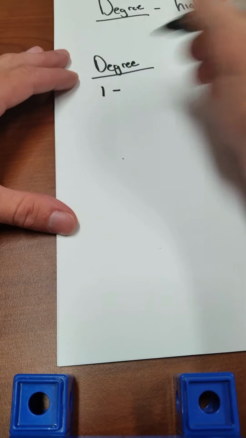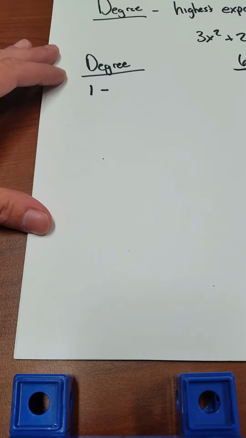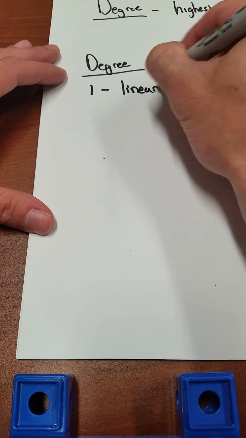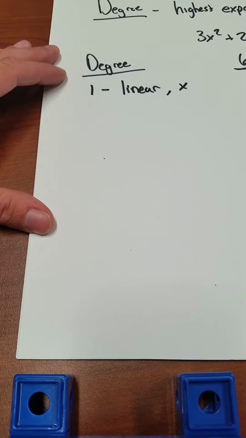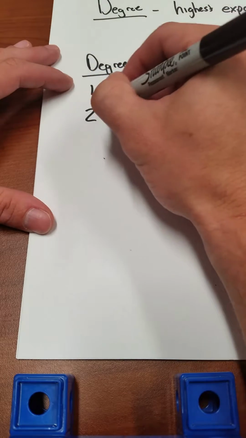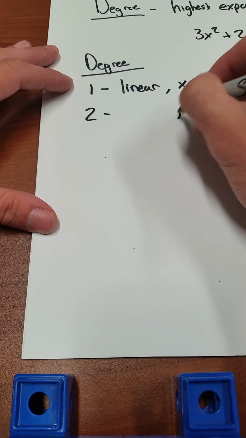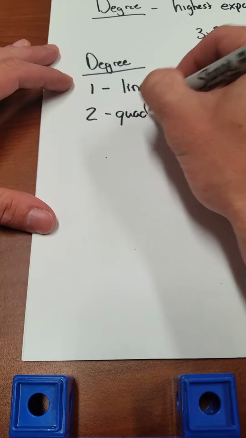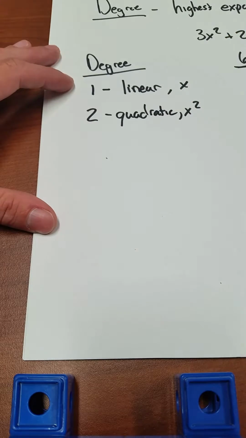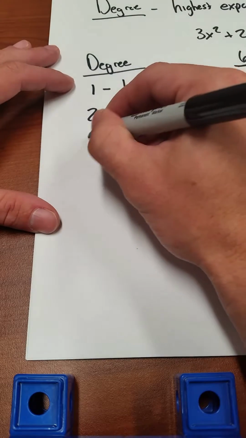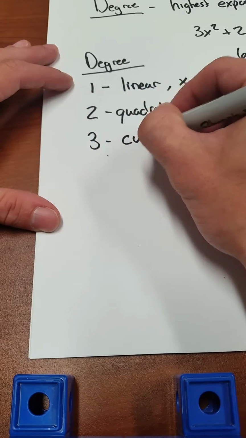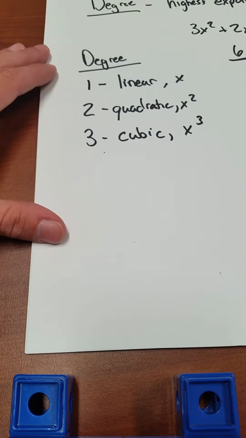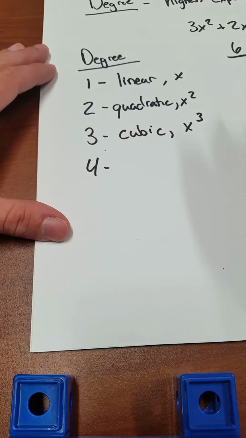If it is a degree of 1, you've talked about these a lot. This is just like x. This is a linear. Okay, so this is x. If the degree is 2, so like x squared, we just got through the whole unit on this. Quadratic. 3. Cubic. So that's x to the 3rd. And then 4 and up, we're going to name it by what it is.